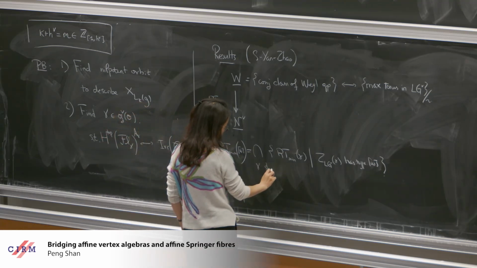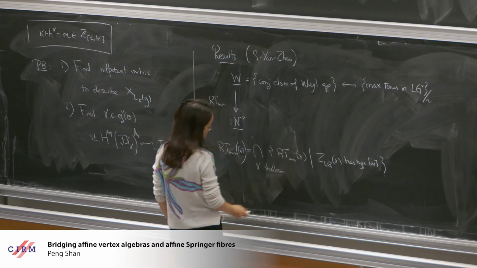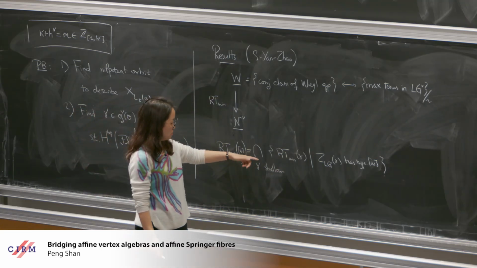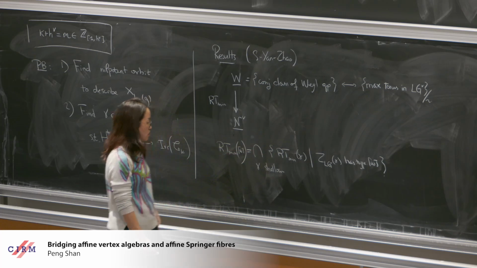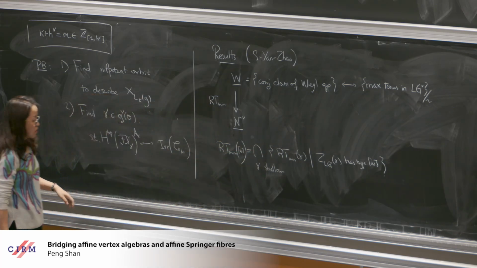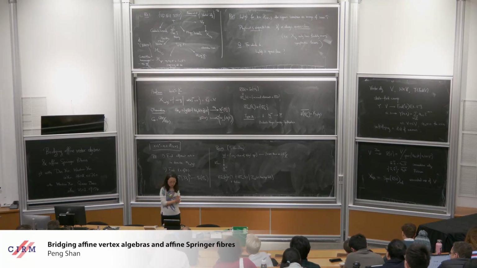These are called shallow elements by Yun. And he proved that there is a unique nilpotent orbit in this intersection, and therefore you have a well-defined map like this. And it coincides with the map defined by Lusztig in some other ways.